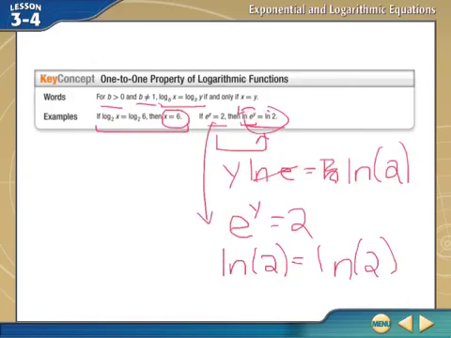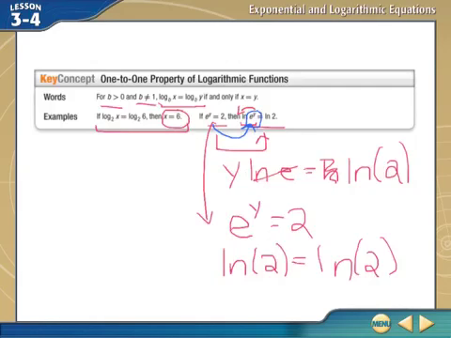If I go back and erase there, in the second equation I can substitute for e to the y. I can substitute 2 because in the first part of the conditional statement e to the y is equal to 2. So I can replace e to the y with 2, so you get natural log of 2 is equal to natural log of 2.